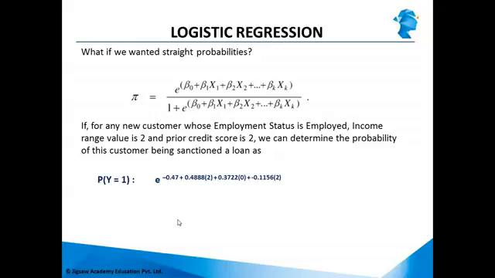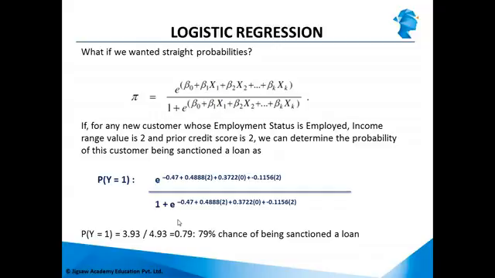So the probability that this customer is not going to default on a loan is 0.79. There is a 79% chance that this particular customer with these levels is not going to be defaulting on a loan and therefore will be sanctioned a loan. So if I wanted straight probabilities, I simply have to substitute in this equation.